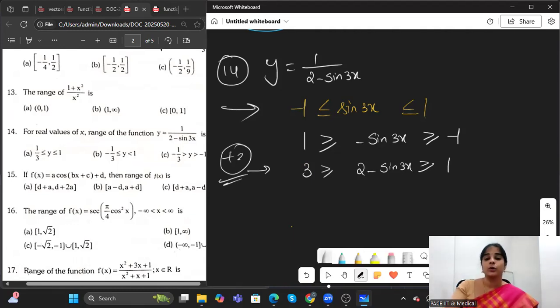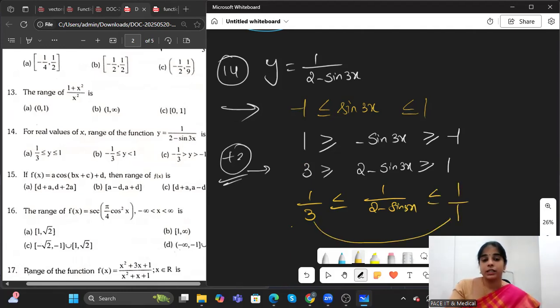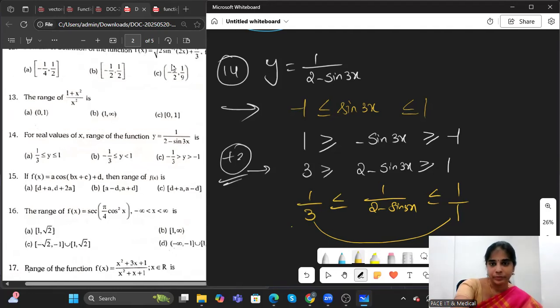Reciprocal always goes with the sign change, if at all the left and right extremities are of the same sign, right? So now 1 by 3 again less than or equal to 1 by 2 minus sine 3x less than or equal to 1 upon 1. So obviously it is ranging from which number to which number? Your y value is ranging from 1 by 3 to 1 is your answer there, right?